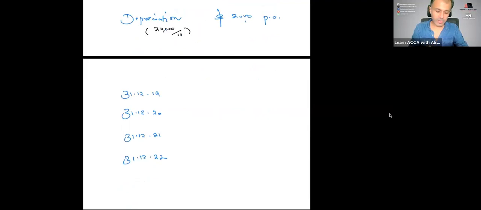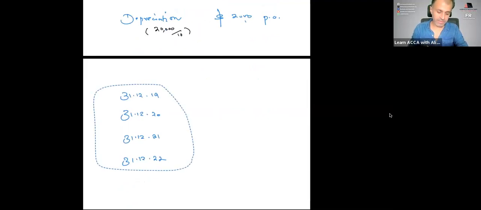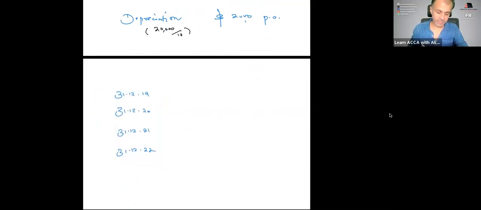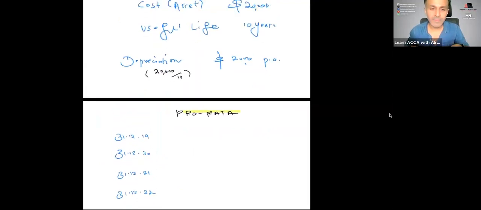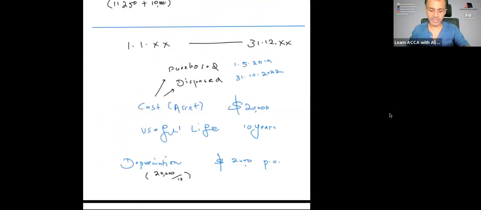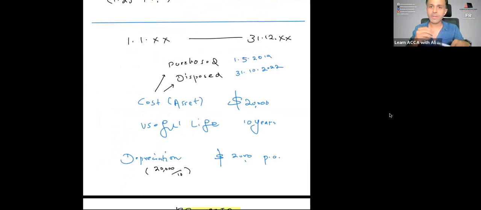If I go by using the policy of months, let's take that on the first. Let me make a title of that, monthly policy, or it's also called pro rata. I will have to exactly count down the months the asset was in use, available for use. And these are the months: May, June, July, August, September, October, November, December.